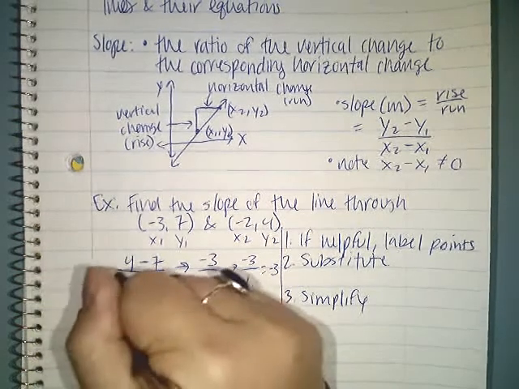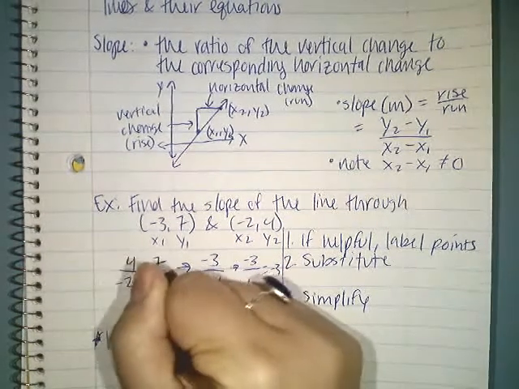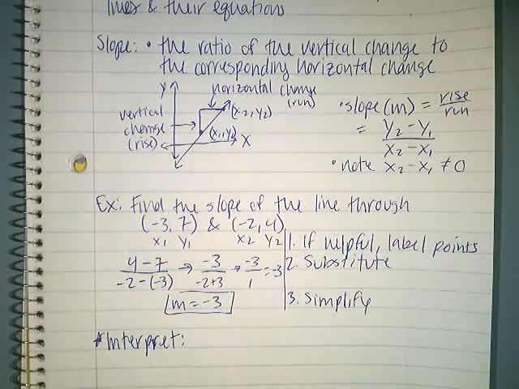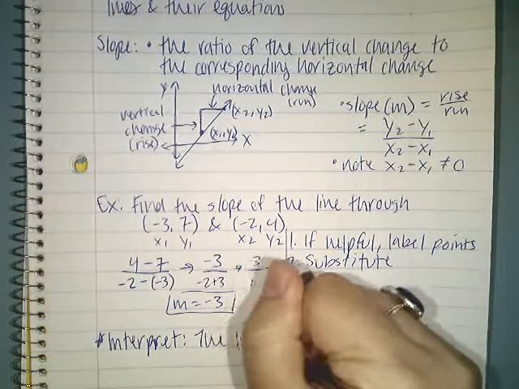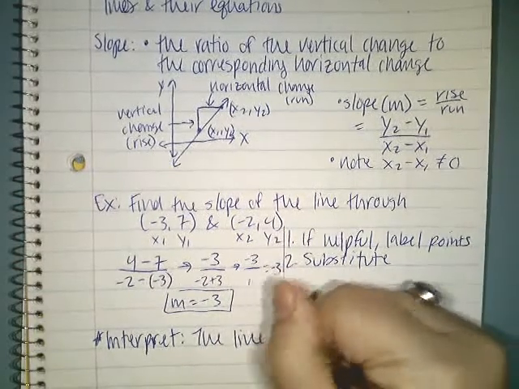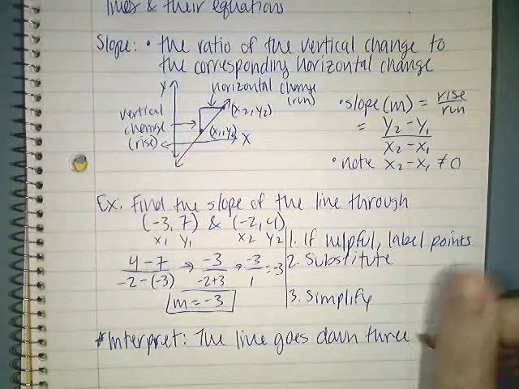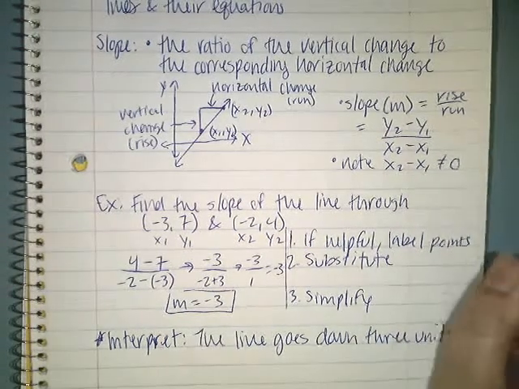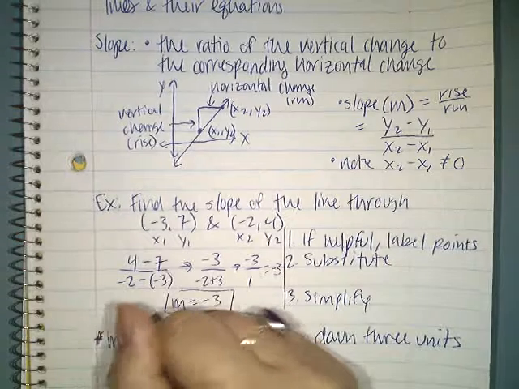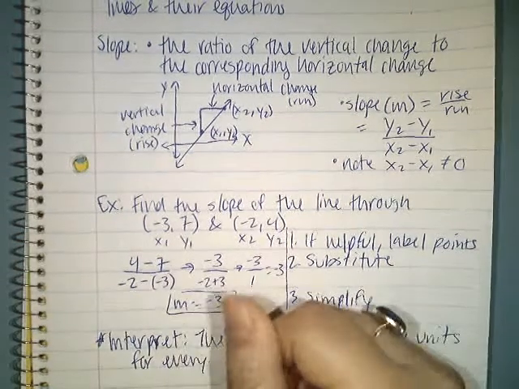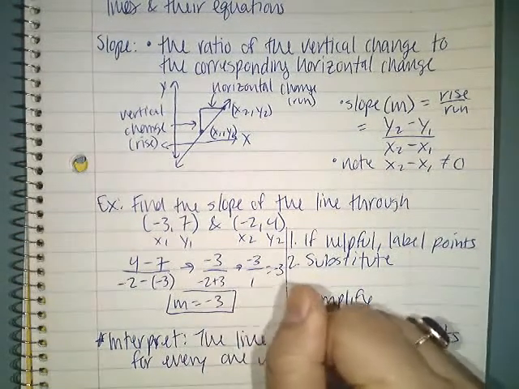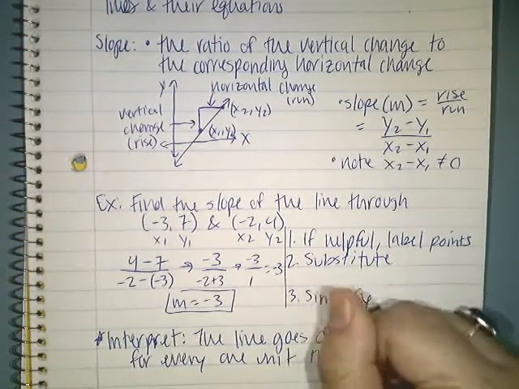So just a quick little thing to make sure you're understanding what we're doing here. I want us to interpret this together. So if we just got a slope of -3, that means that the line goes down 3, or 3 units, I should say, for every 1 unit that it goes to the right.